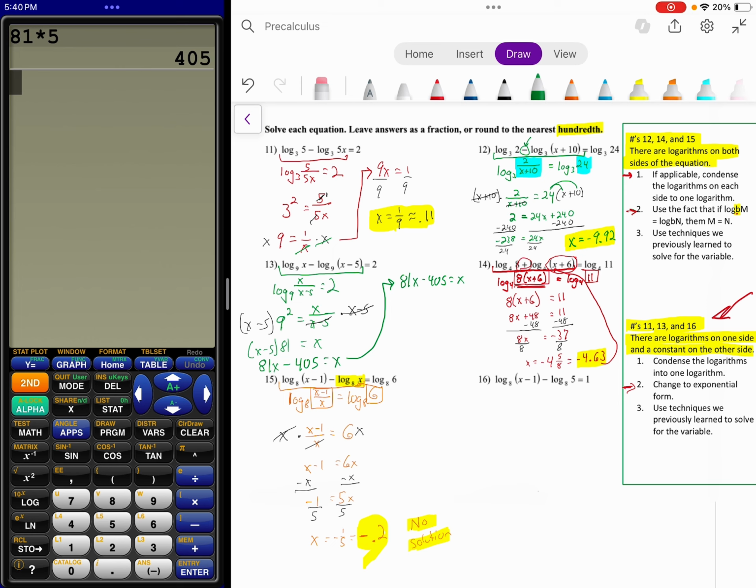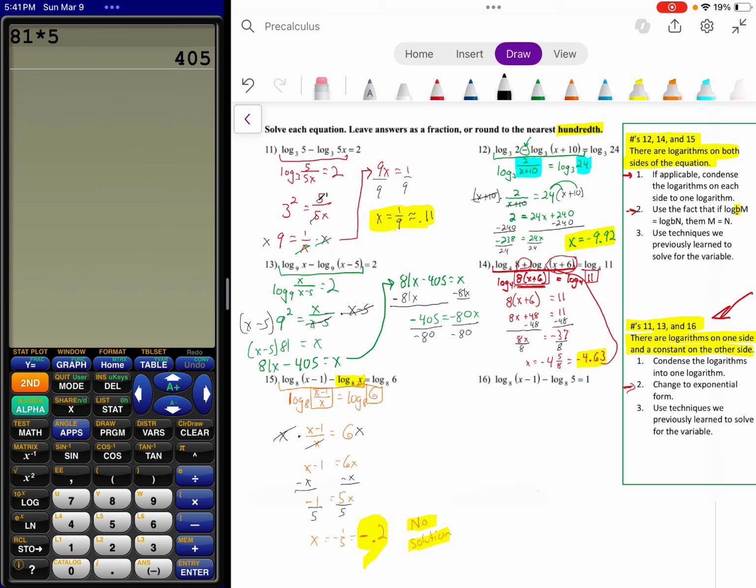And I guess the quickest way is just to get all the x's on the right side. So we could subtract 81x from both sides. Don't forget negatives. So this is negative 405 equals negative 80x. And then we can divide both sides by negative 80.